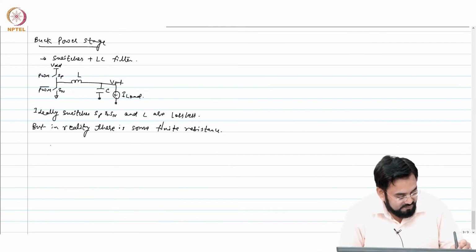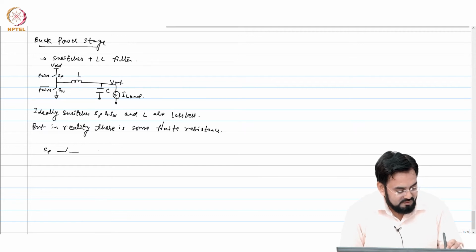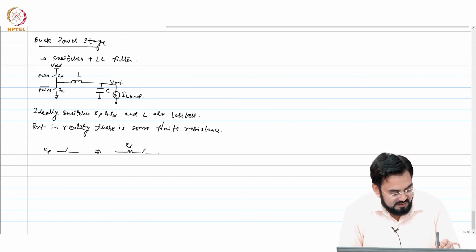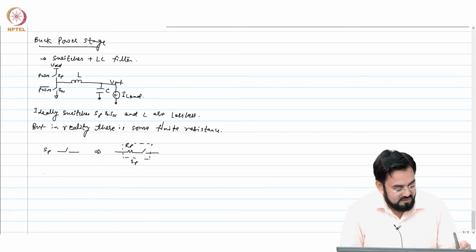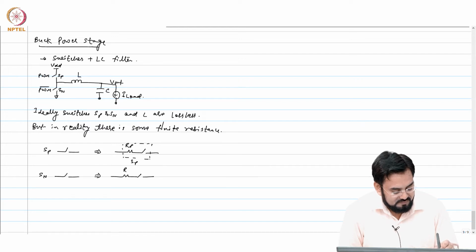So, let us say SP you can model with a switch and resistance, I will call it RP. SN you model it with RN, and this whole thing becomes your SN.